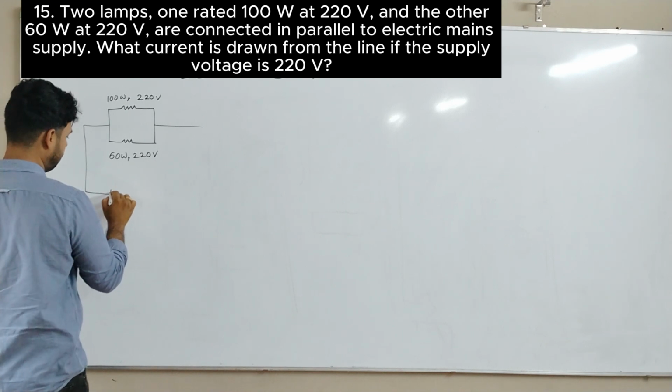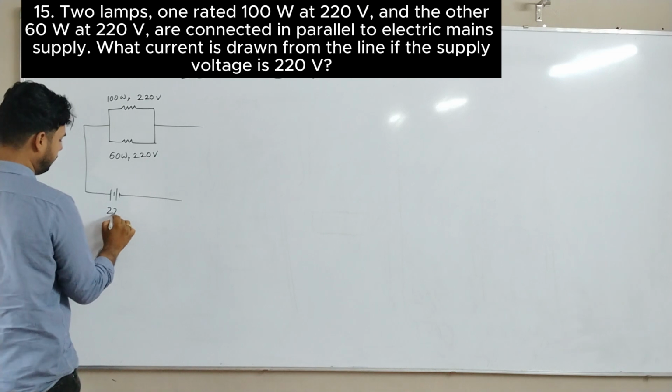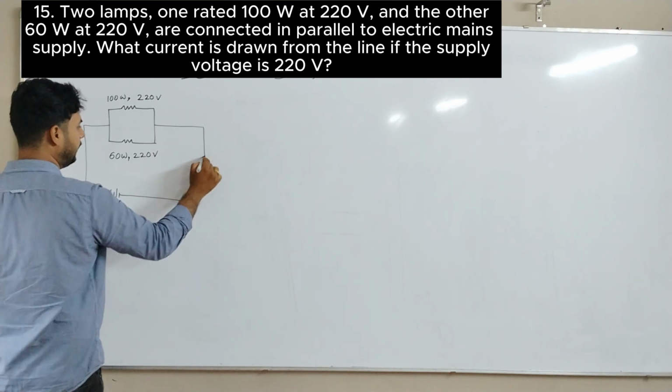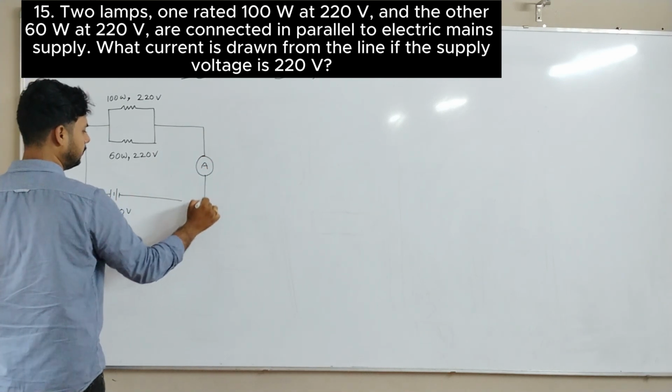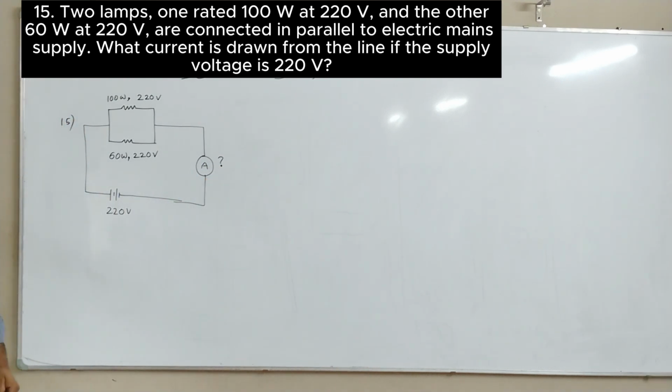What current is drawn from the line if the supply voltage is 220 volts? Supply voltage is 220 volt. What current is drawn from the line?